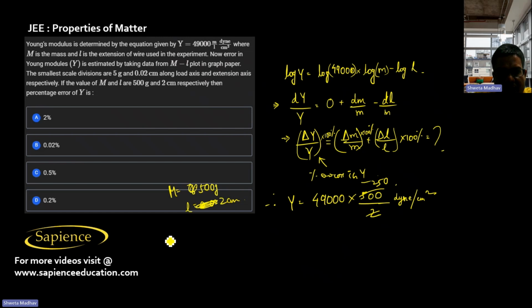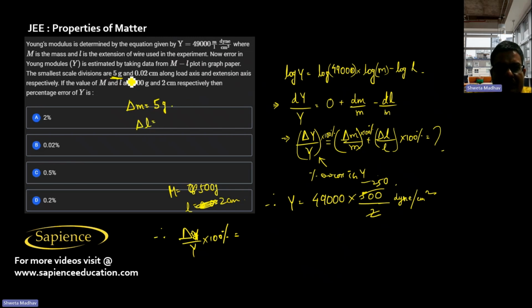Now delta y by y into 100% is equal to delta m by m. Now, the smallest scale division is 5 grams, so delta m, which is the absolute error in the mass, is 5 gram.